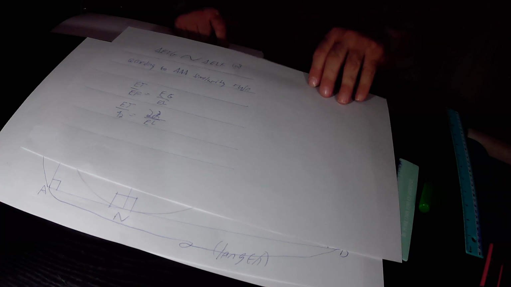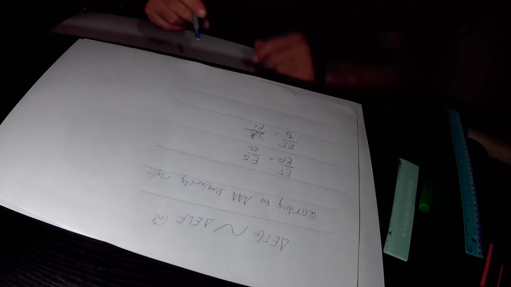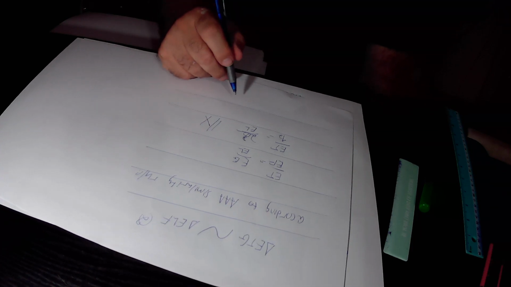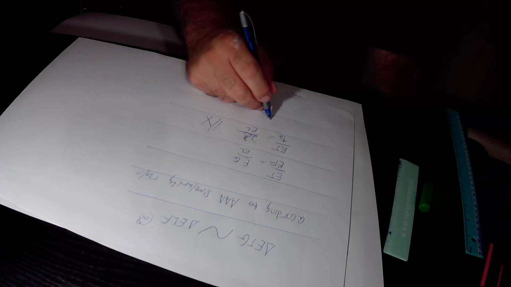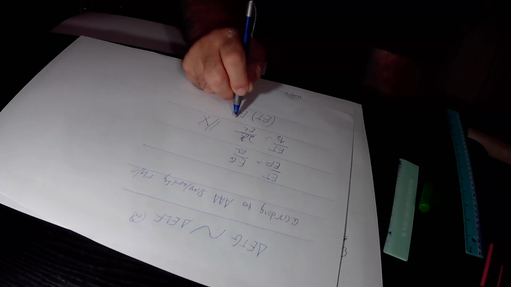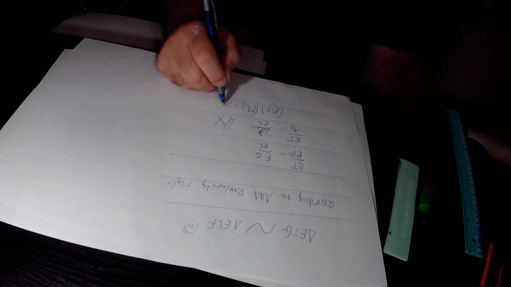Here we'll cross multiply this equation, and we will get that ET times EL is equal to 22 times 12.